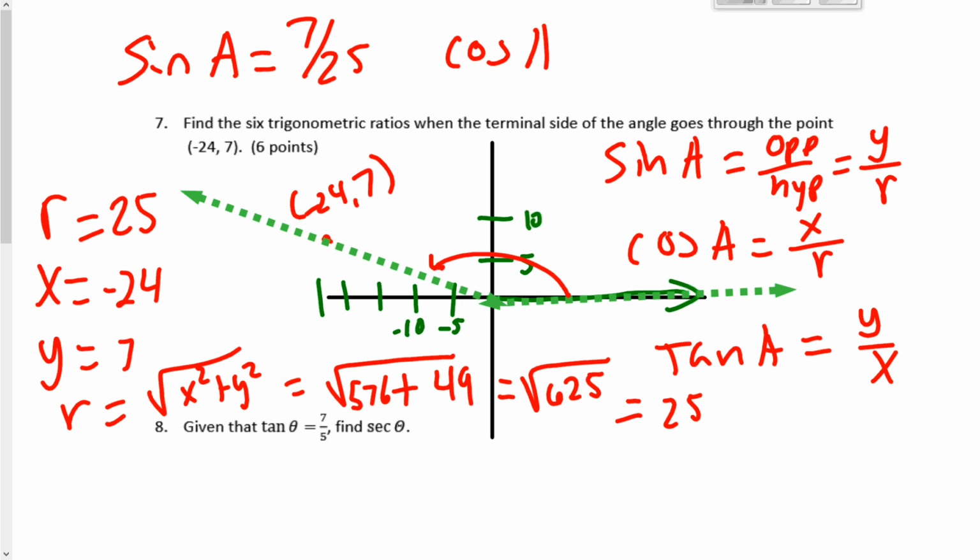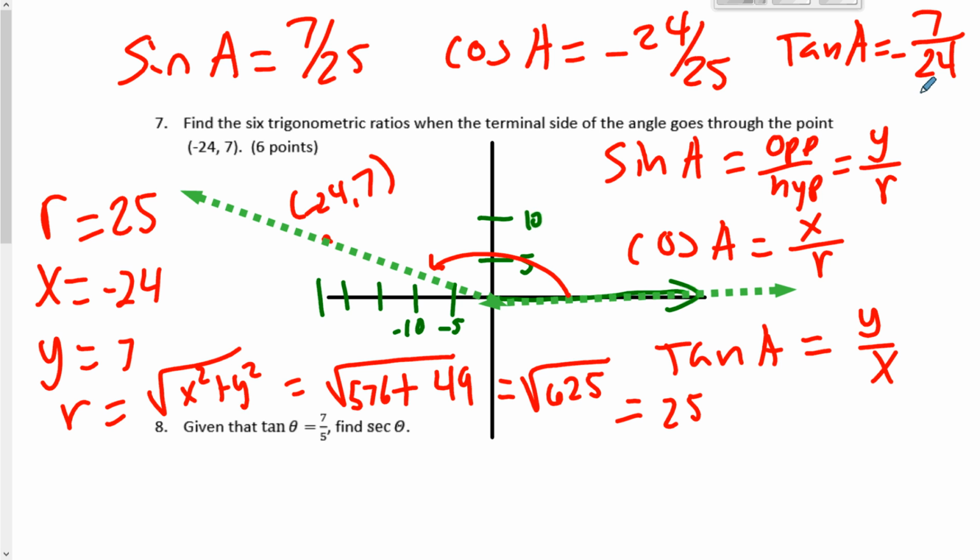Cosine of our angle is equal to x over r, so negative 24 over 25, and tangent of our angle is equal to y, which is 7, over x, which is negative 24. So we get negative 7/24. Now here you can see we're in the second quadrant, so that means only sine and cosecant are positive, so we can see that cosine and tangent are both negative.